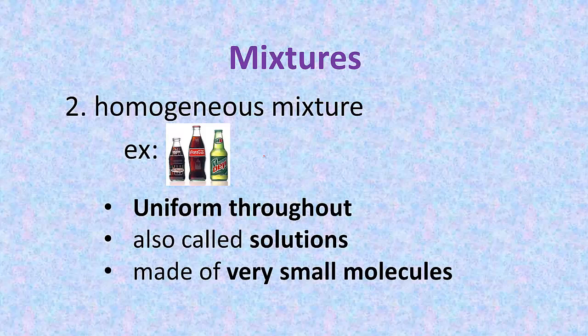Now this has sugar, whoops, I almost put salt, sugar, water, and usually dye. That's D-Y-E. So this is a mixture of at least these three things right here, sugar, water, and dye for these sodas. So it would be a homogeneous mixture because we cannot distinguish the sugar from the water. And remember, they're usually solutions.